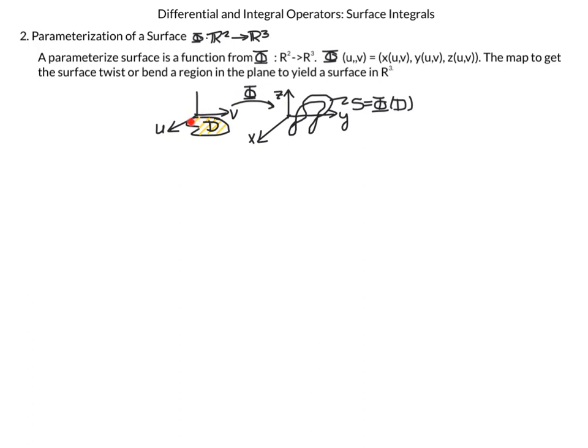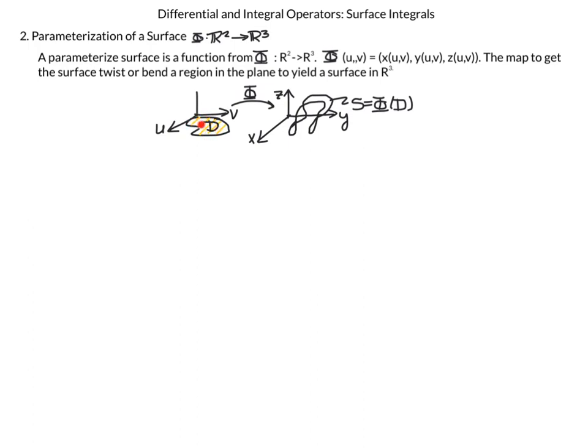The idea is we have our three-dimensional space here with the UV plane instead of XY, because we're going to map to the XY. So we have something in the UV plane. A portion of this plane is going to be our domain, which I have shaded in yellow here and labeled with D for domain.